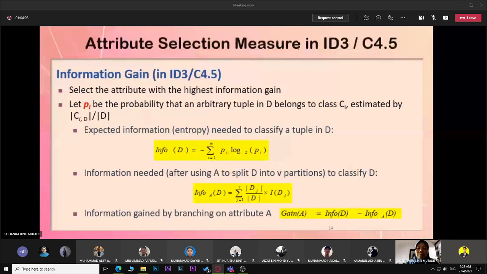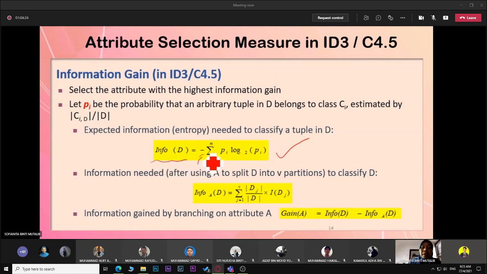So let's see the example. Okay, now we are talking about mathematics. This is the first formula, known as the expected information of the tuples in the data set. The information of the data set is minus the summation of probability times log 2 of the probability of the class label.